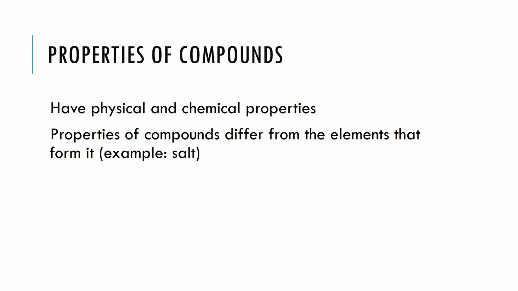But anyways, back to sodium and chlorine. Sodium by itself is an extremely volatile element. If you put it in water, it explodes. We're going to be looking at that later in the semester, but it's extremely explosive and reactive to water. Chlorine, existing by itself as a gas, is extremely toxic to people.